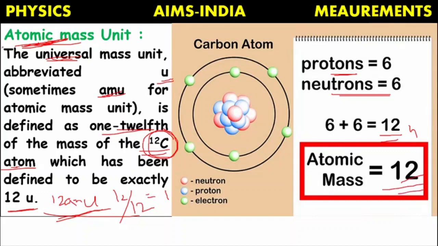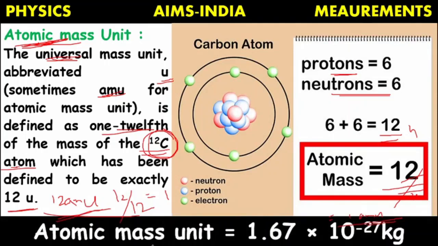Means atomic mass unit means from the carbon atom, whatever atomic mass it is having, we have to divide it with the 12, then we will get 1 AMU. Basing on this, we can find out the atomic mass unit of all the other atoms and molecules. So the value of 1 atomic mass unit is 1.67 into 10 power minus 27 kilogram.